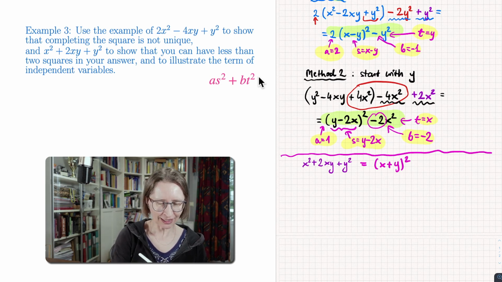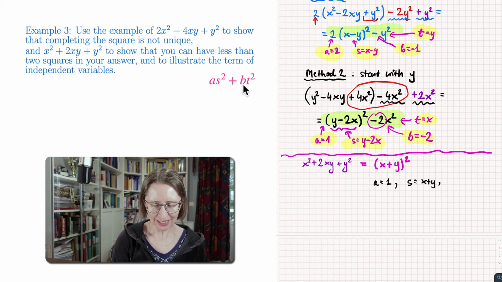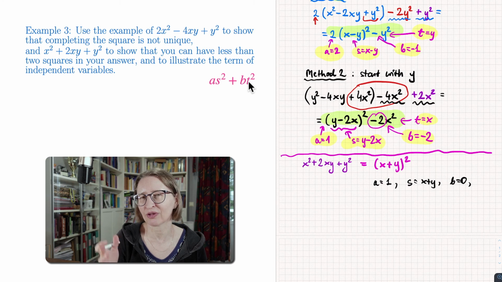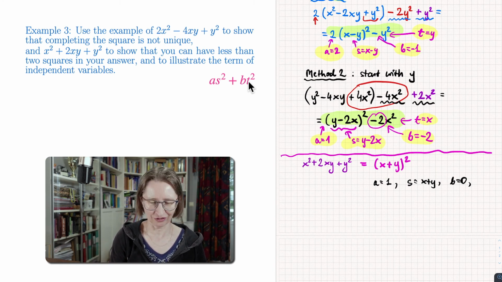So in this particular case, I get a equal to 1, s equal to x plus y, and then I get b equal to 0, and t does not matter, because if b is equal to 0, then t can be anything, so just forget it.